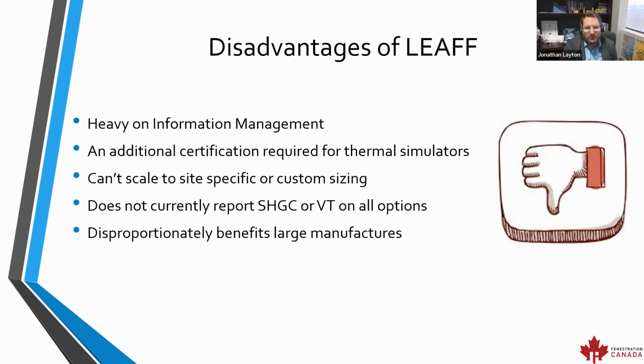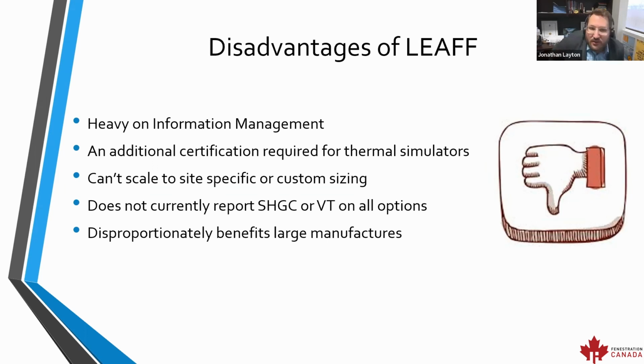Now, when we build systems, we record the edge U factor, the IGU U factor, and the frame U values to get a total U factor, which we can then use for size change. But if you just get this information certified, you're still stuck at that standard size. And it doesn't currently report solar heat gain or VT values, which are traditional to a label.